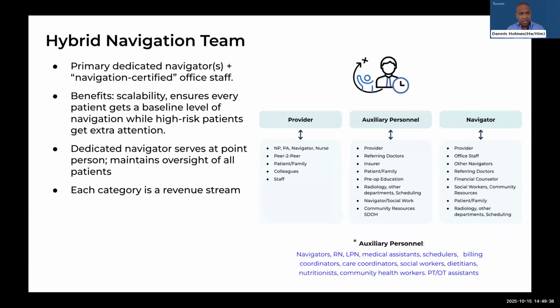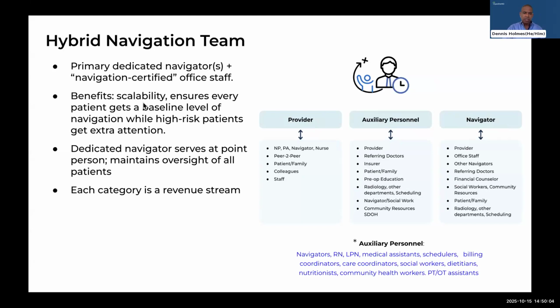And the third model I want to mention is the hybrid navigation team, which basically makes everyone a navigator, including the provider, but also involves a dedicated navigator. The basic model is a primary dedicated navigator, which I would identify as this individual, plus navigation-certified office staff, which is here, supported and led, of course, by the provider.